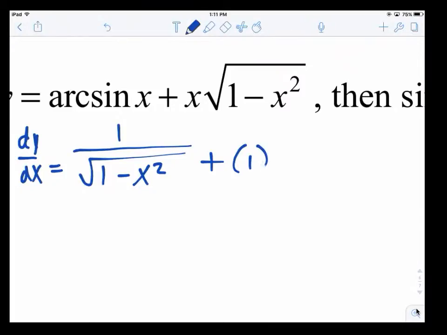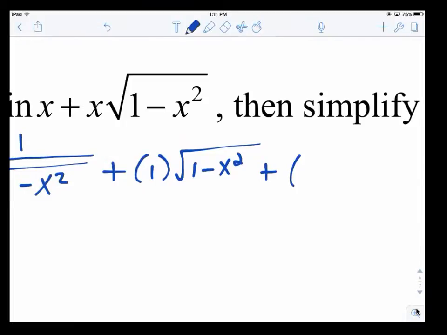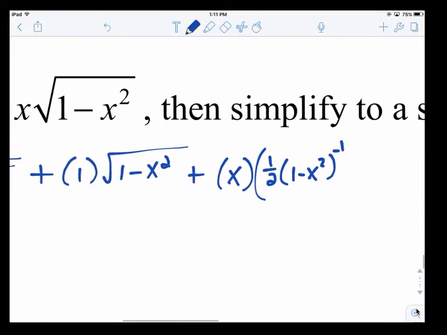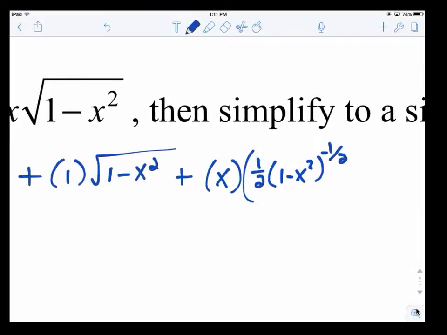So you have 1 times the square root of 1 minus x squared, plus now x times the derivative of the square root of 1 minus x squared, which becomes what? So the negative 1/2, good, times the derivative of the inside, which is negative 2x, right?